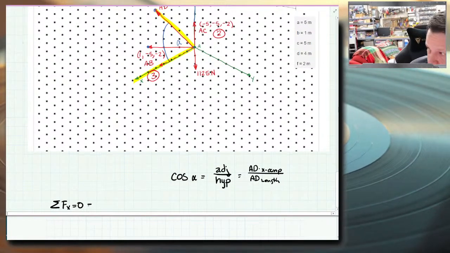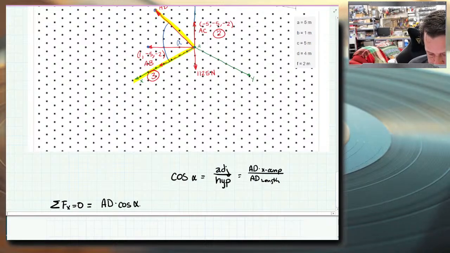Summation of forces in the x direction equals 0, I guess equals AD times cosine of alpha, I drew it as alpha, plus AC, I did 2 as AC. So AC times cosine of, we'll do beta.